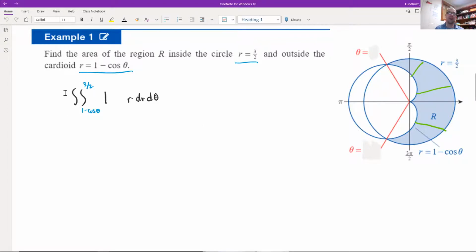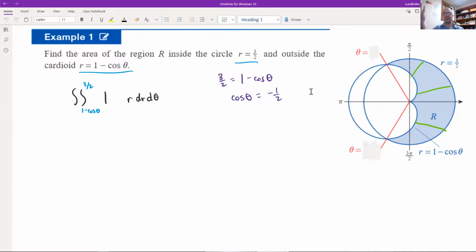To figure out the boundaries of our outer integral, we need to figure out where these two functions intersect. That's the word. And so if we set 3/2 equal to 1 minus the cosine of theta, and then work a little bit of magic here, that would mean that the cosine of theta would be negative 1/2. I just added cosine to both sides and subtracted 3/2 from both sides to get that.